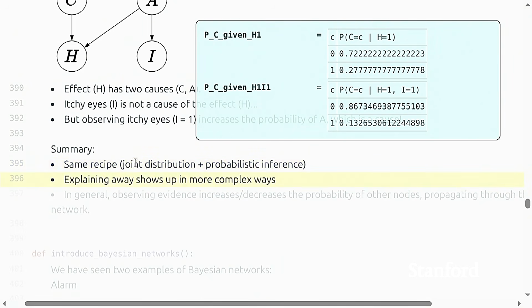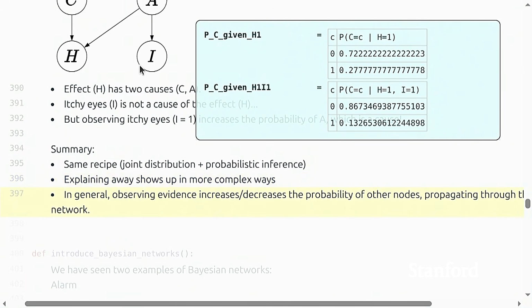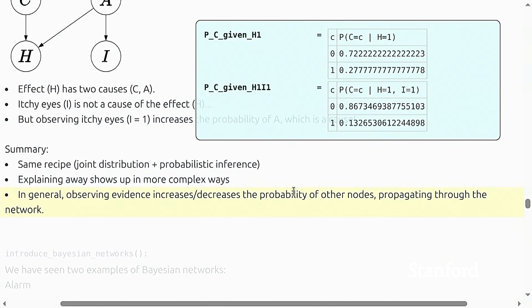We see that explaining away shows up again, now a little bit more complicated. In general, you could imagine, let's say, a 100 variable Bayesian network, and you're conditioning on like 17 of the evidence variables, and all the variables are interacting with each other. Intuitively, you can think about them as propagating evidence.